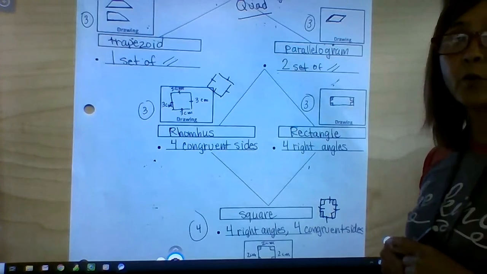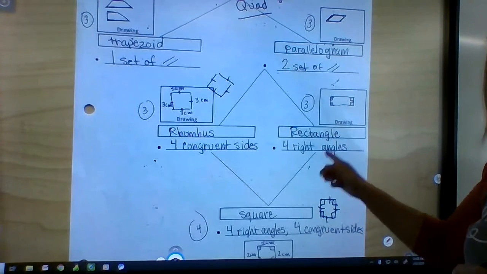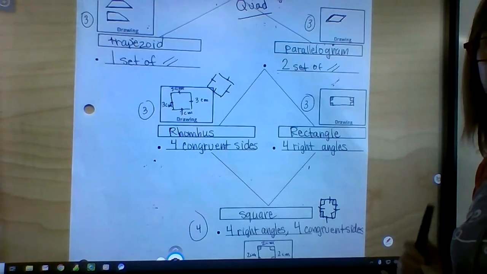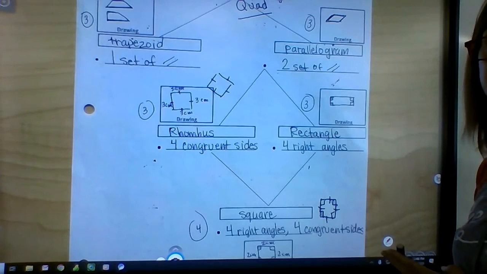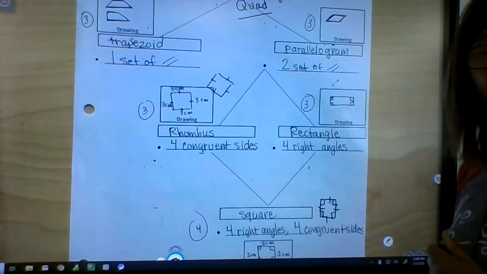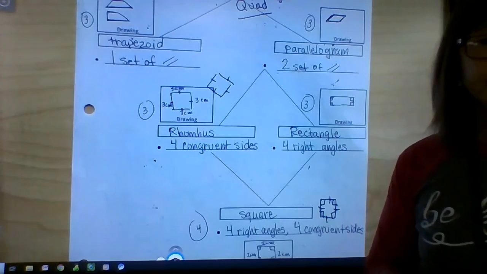A rhombus has 4 congruent sides. A rectangle has the 4 right angles, and a square has to have what the rhombus has, 4 congruent sides, as well as 4 right angles, which is the definition of a rectangle as well. Okay, so hopefully that helps you to understand the hierarchy chart of these quadrilaterals and how to classify them.